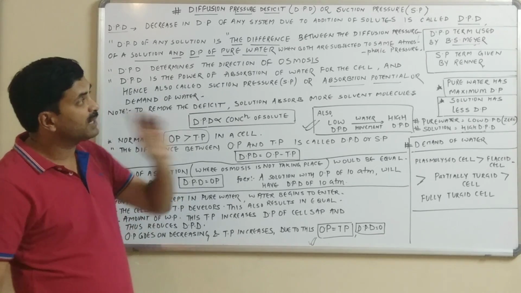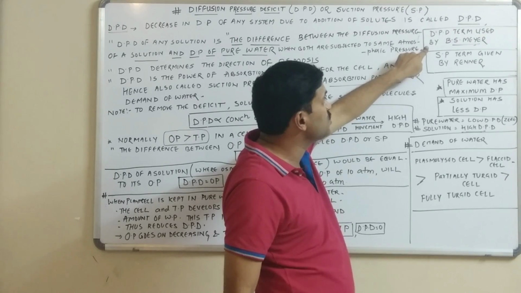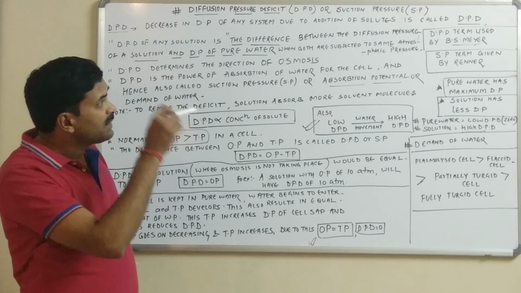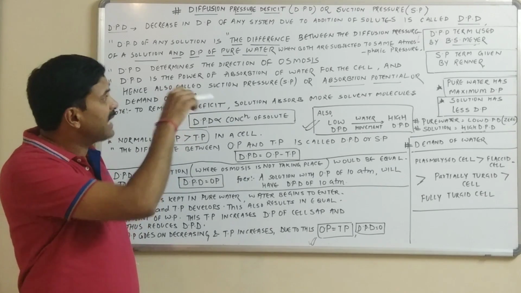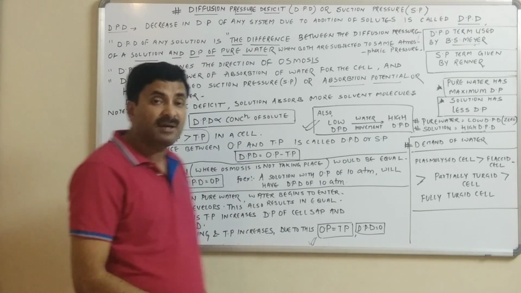Now one more thing, this DPD term was first used by a scientist known as B.S. Mayer, and as we know, DPD is also called the suction pressure, and the suction pressure term was actually given by Renner.